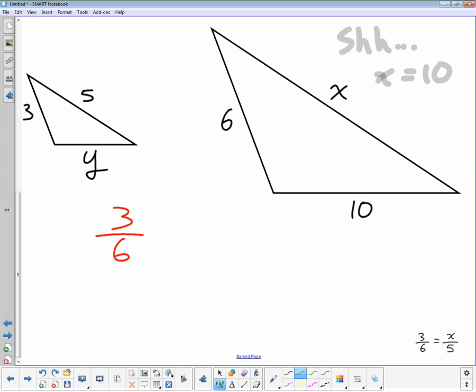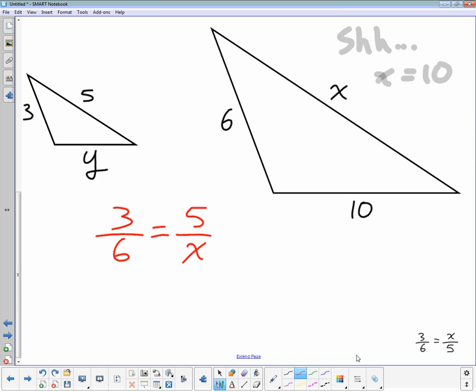Don't change directions in the middle of the problem. So if you're going to go 3/6, which is left over right, you're going to have to go left over right again. Now when you cross multiply, what do you get? The right answer.